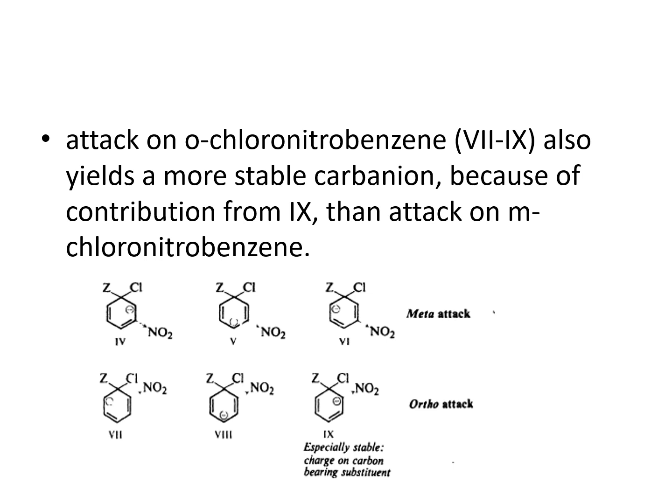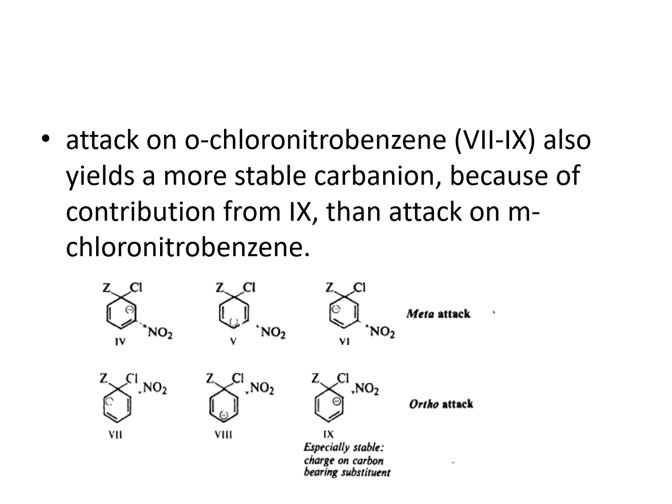But see the case with the first example, the meta attack, meta-chloronitrobenzene. Is there any structure where the negative charge is developed on the carbon to which this nitro group is directly attached? No. So we can say that there is no especially stable structure in the case of meta attack. Such a stable structure is possible only for para and ortho attack.